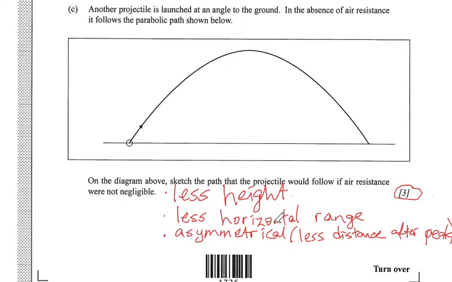And the 3rd mark is showing that it's asymmetrical because horizontal velocity would be also decreasing as the time goes by. So it should really be something like this. So less height, less horizontal range, and by asymmetrical, I mean that this falling part has less horizontal distance than the rising part simply because the horizontal velocity is decreasing.